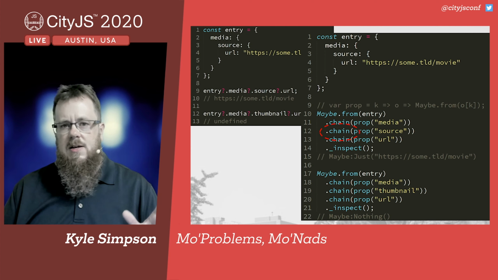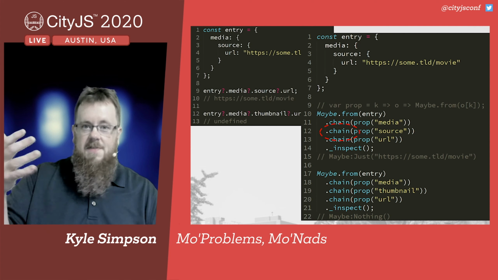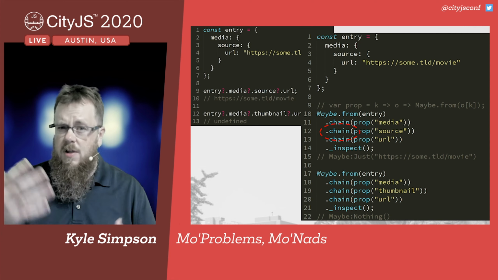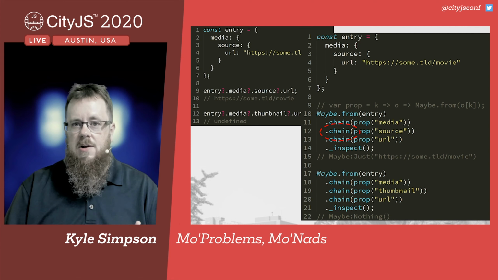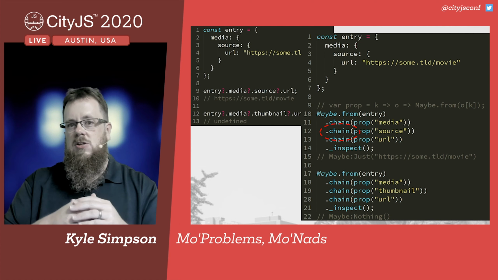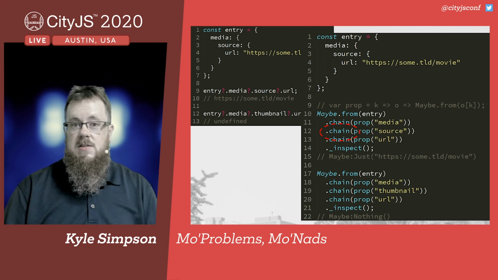You probably recognize something like that short circuiting from promises, for example. If you have a bunch of .thens on it and you get an exception or a rejection in a promise, it just skips over all of those and then goes to the end wherever your catch handler is. It's the same kind of thing here. So this safe property access just kind of short circuits out to a maybe nothing if any one of those property accesses fails.